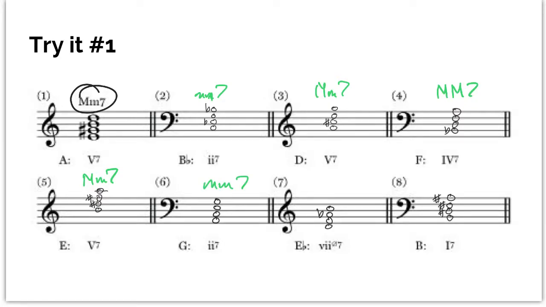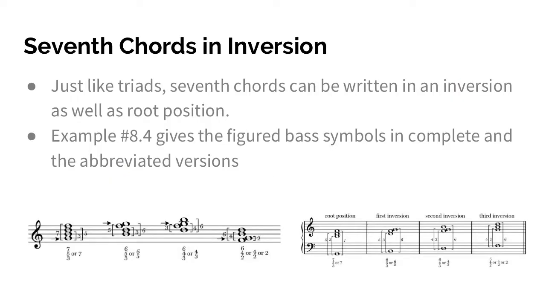E flat is our half diminished 7. And then our last one is a major 7. Again, if you have any questions about this, make sure you see me.